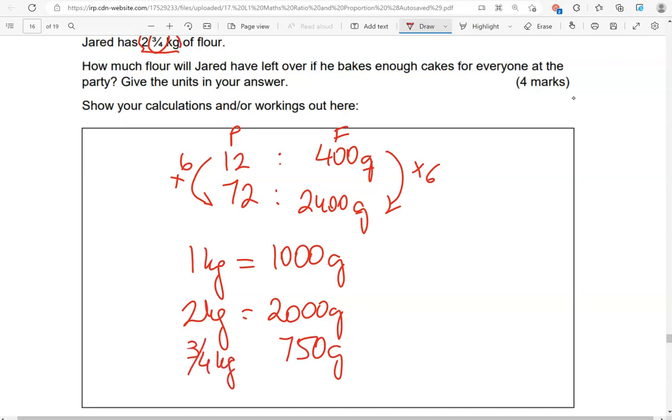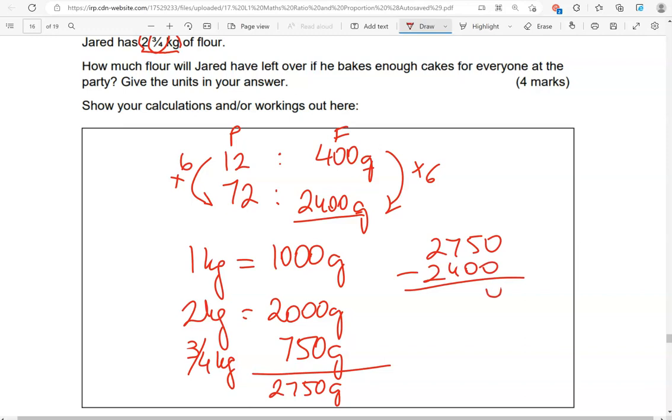So 2 3/4 will be 2,750 grams. He only needs 2,400, so if we do 2,750 take away 2,400 gives us the difference.